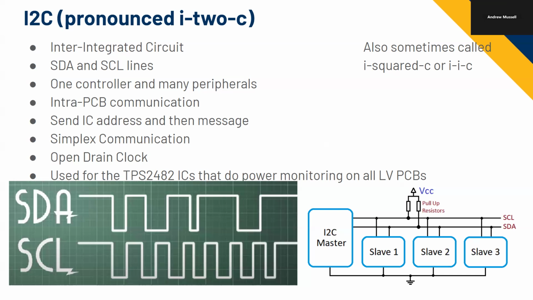This one is synchronous, right? We have a clock signal, and we read the data on every rising edge. This communication has one controller and many peripherals. Some of you might be aware of the terminology of master and slave in chip communication, but we're trying to move to more neutral terms. So now it's controller and peripheral.